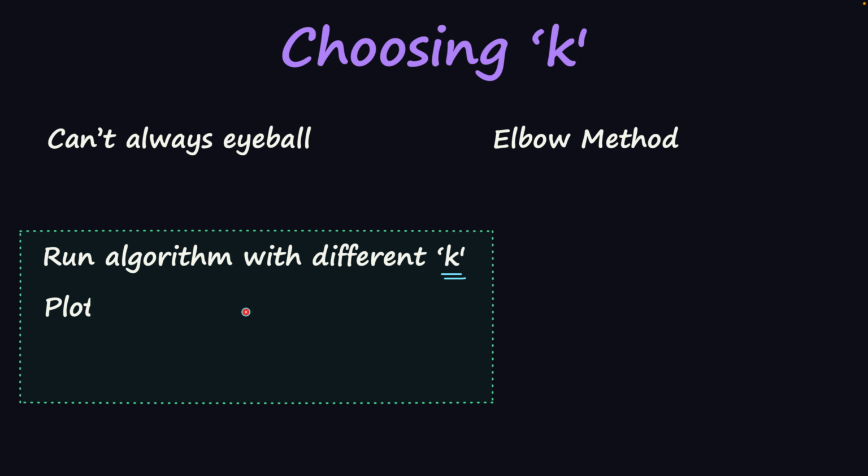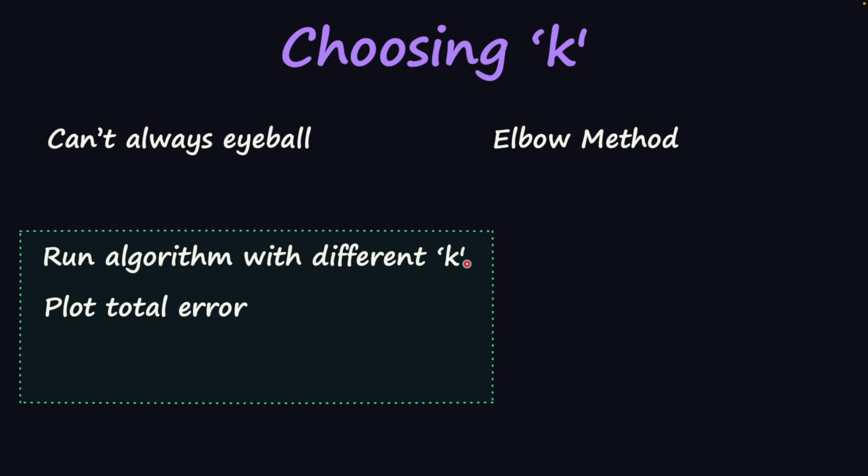Once we have results from those trained models, we plot the total error. Each model will have something called error. Error basically indicates how far data is from its centroid. If we have assigned a data point to a wrong centroid or wrong cluster, we can expect the error to be really high.